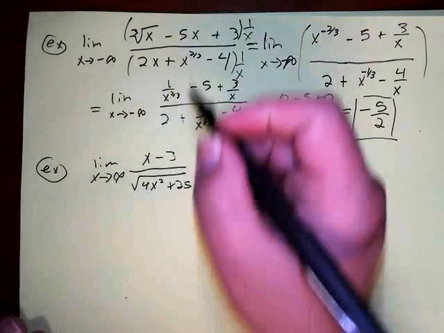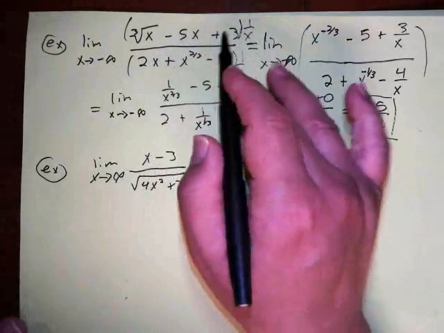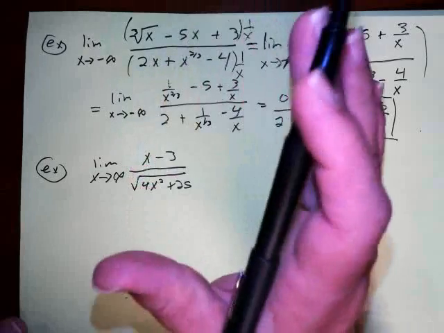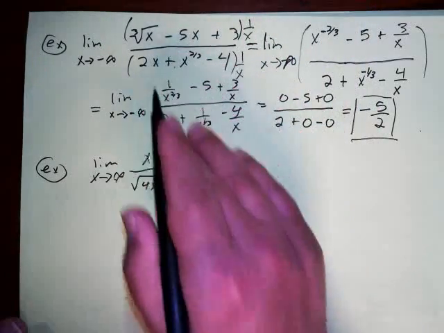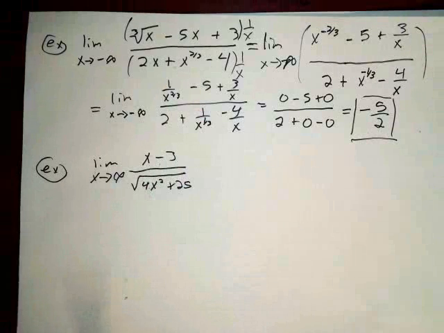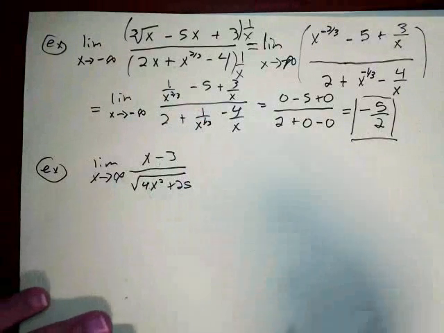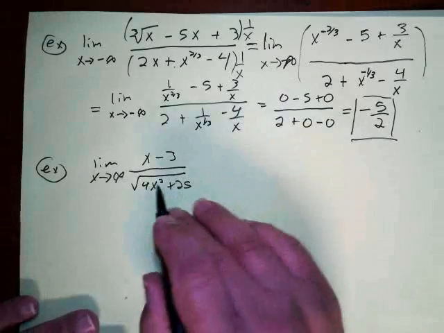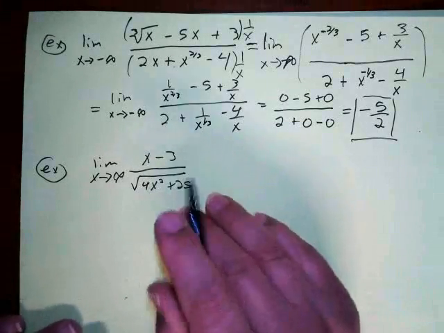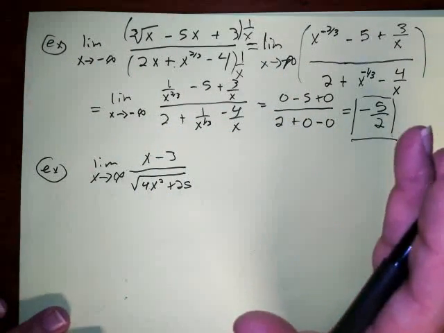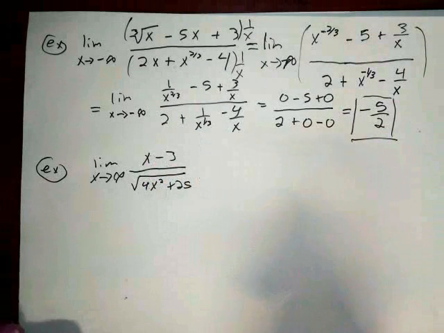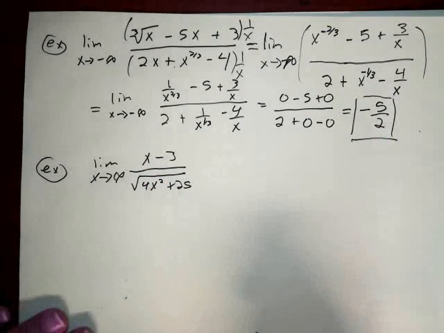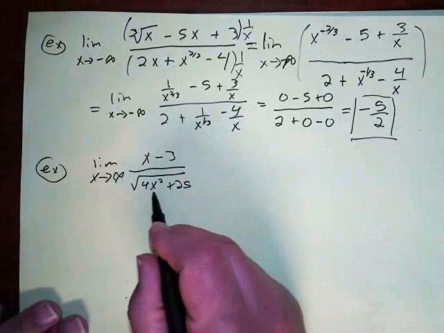Okay? And it ends up being, in a sense, both of these have a degree of 1. That's the highest degree in the numerator and denominator, and it was the ratio of the two leading coefficients, wasn't it? Kind of like a rational function. So, okay, now this one has a root here, but we can use the laws of limits like we've already been using. And what I'm going to do is I'm going to multiply by the highest degree in the denominator.